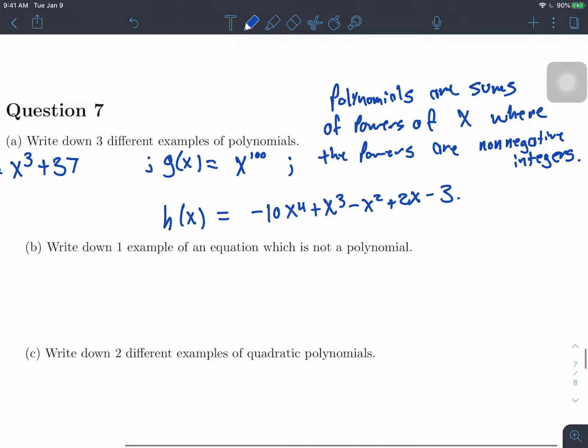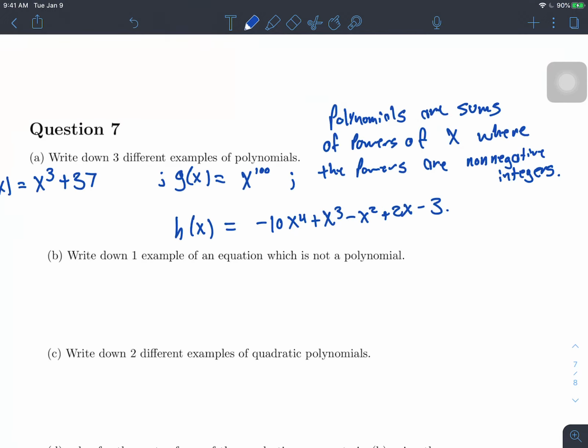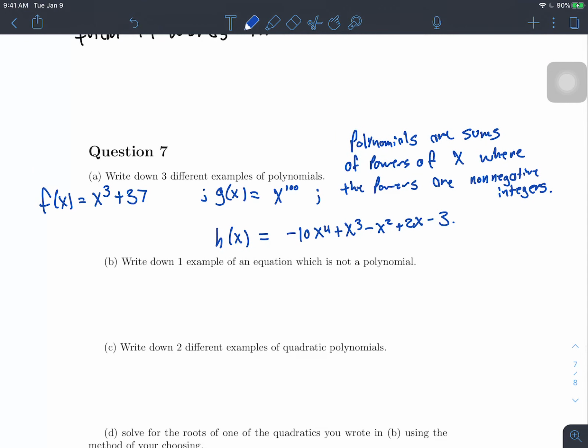Okay, integer means whole number. Non-negative means greater than or equal to 0. So those are some examples of different polynomials.